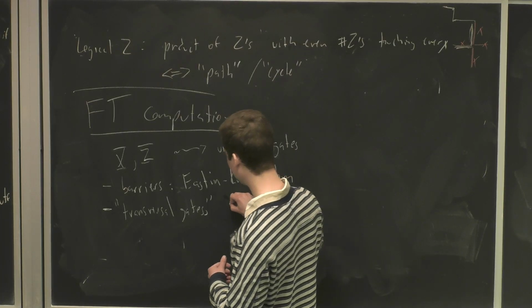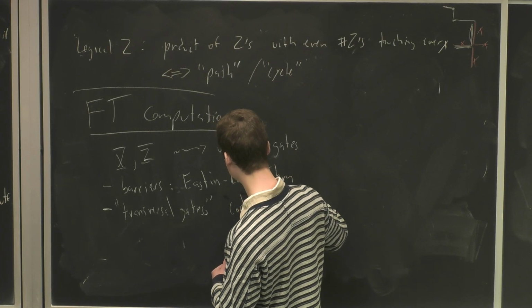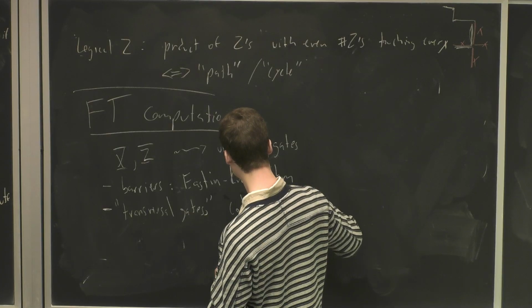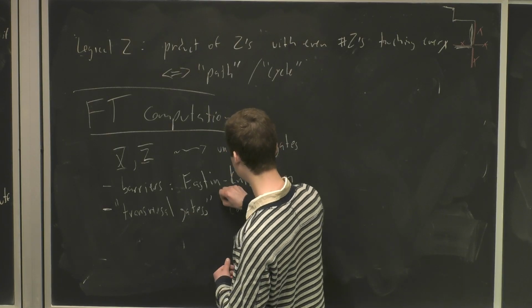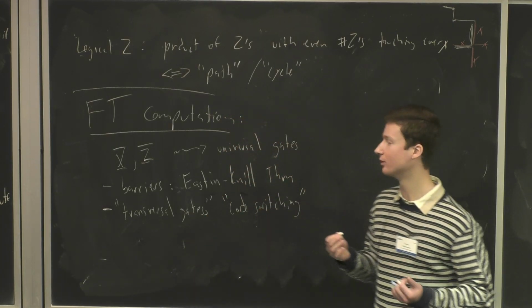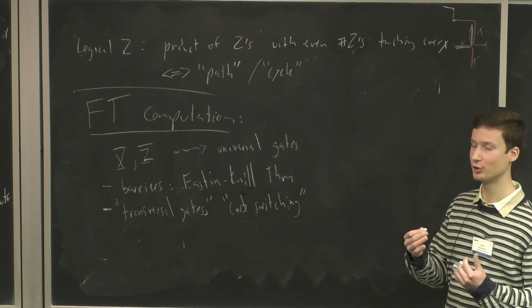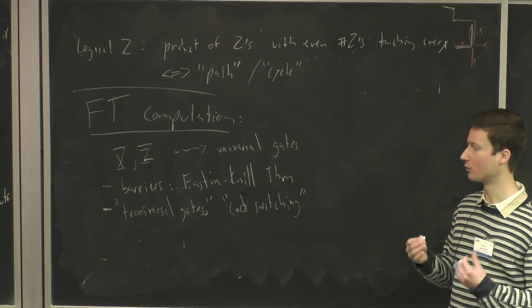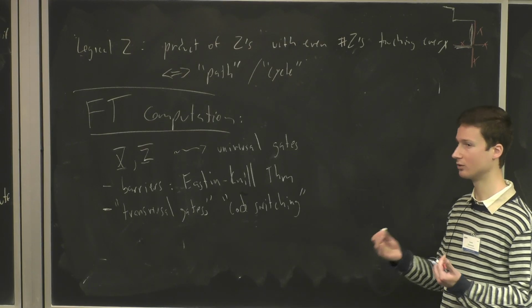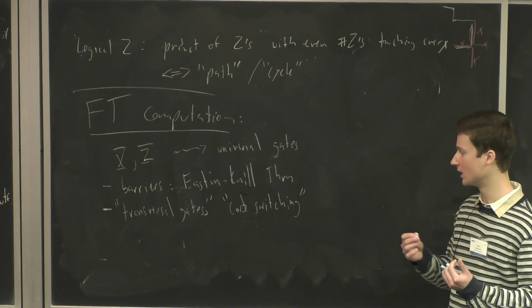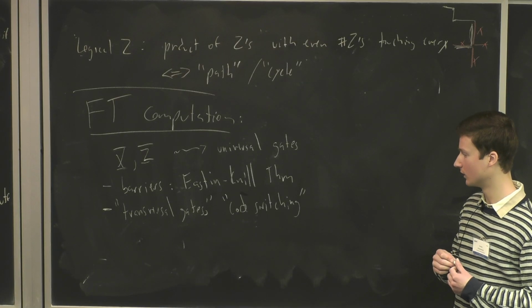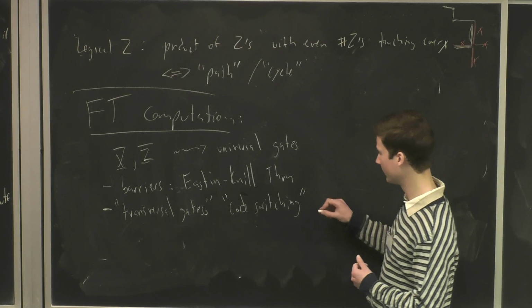Another technique to try to get around this is what's called code switching, where we switch between different codes, where these different codes are each good at doing different gates. So maybe we have one code that's really good at a Clifford gate, one code that's really good at a T gate. If we can switch between these codes, we can do universal computation.